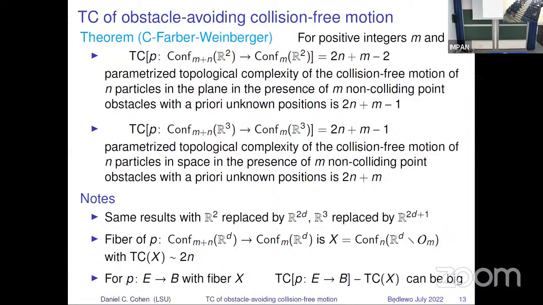Sorry about that. Some comments about this. The same results hold for R even and R odd. So for instance, the complexity of configurations of some number of points in R6 mapping to a smaller number of points in R6 is going to be given by the same formula.